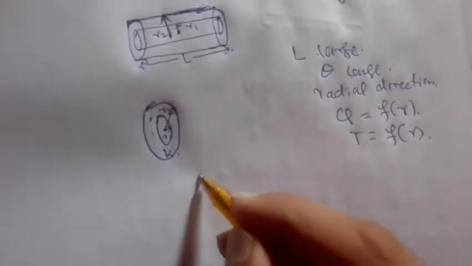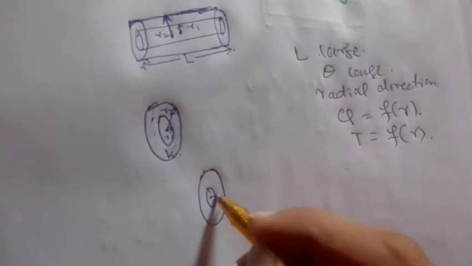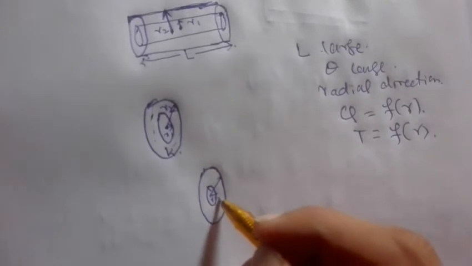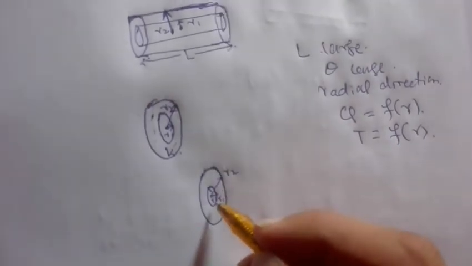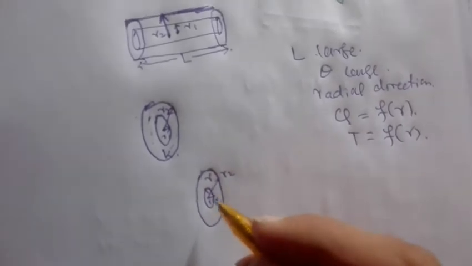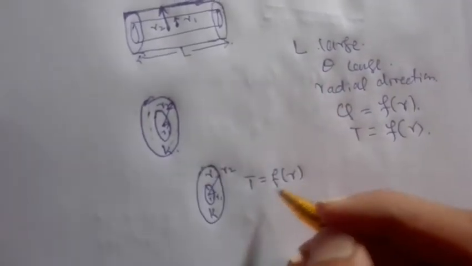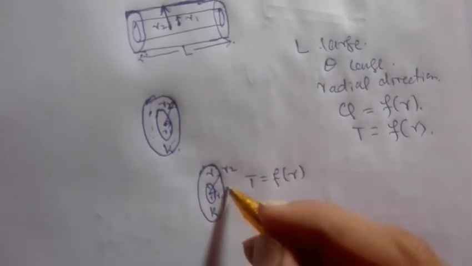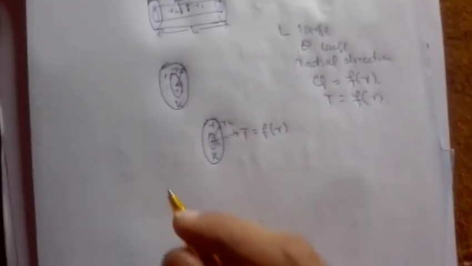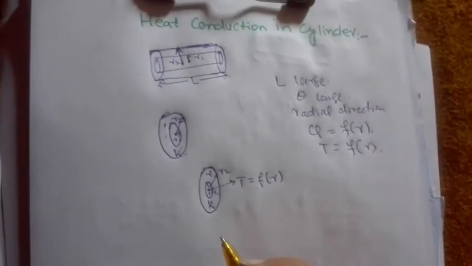This is the clear picture: R1, R2, this is the R direction, and temperature only changes in the R direction.